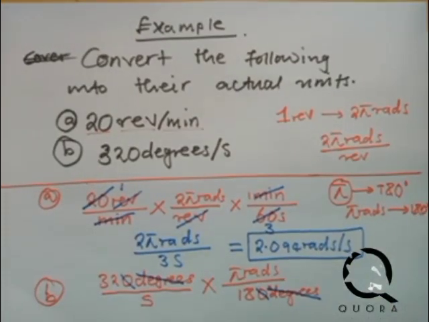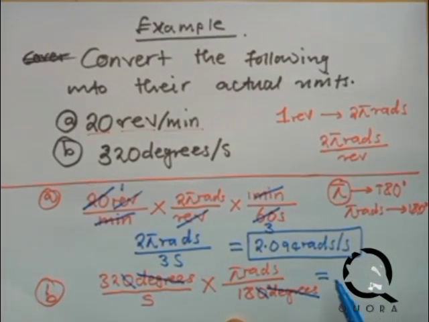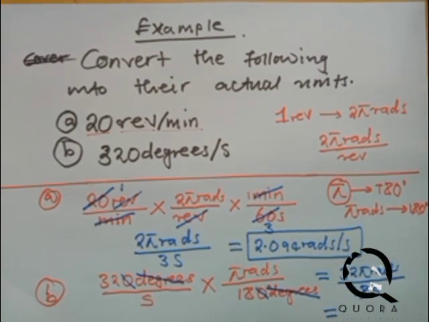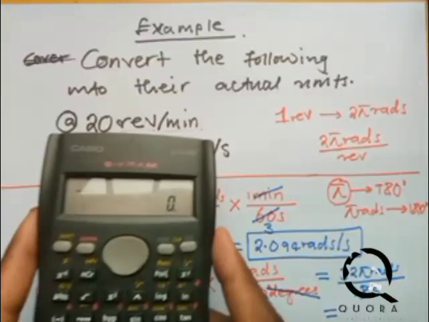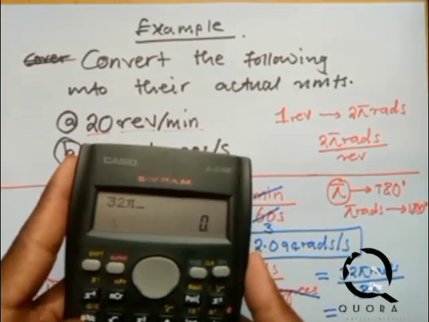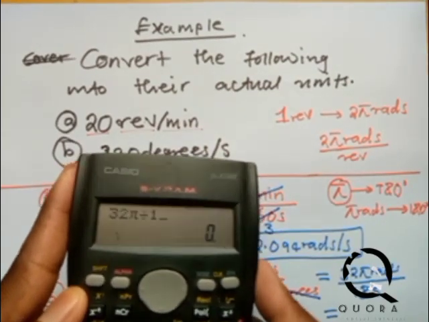So definitely we are going to have something like this. If you say 32 multiplied by pi rads, you are going to have 32 pi rads over 18 seconds equal to, okay. So I'll come here, I'll say 32, then shift, pi divided by 18.